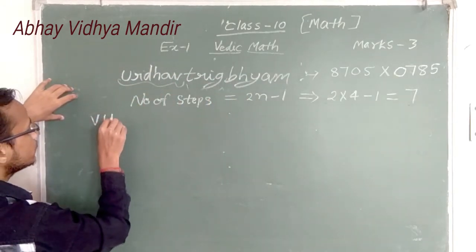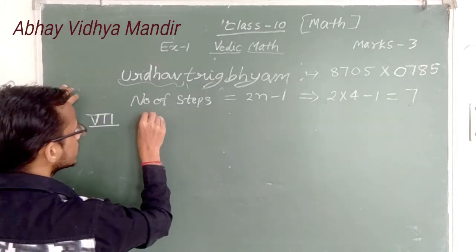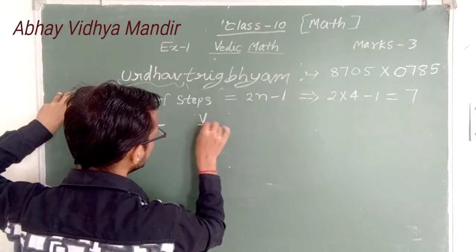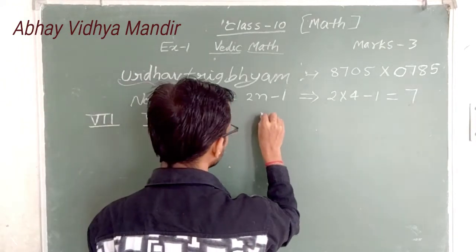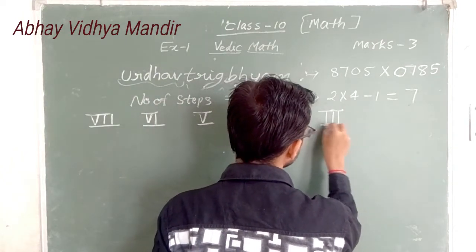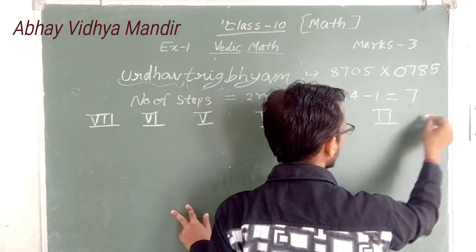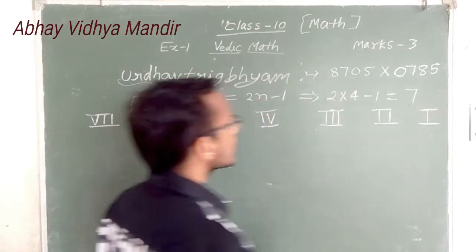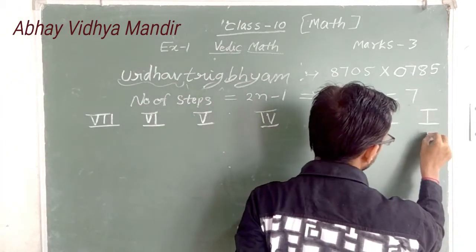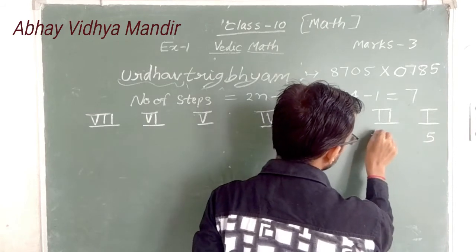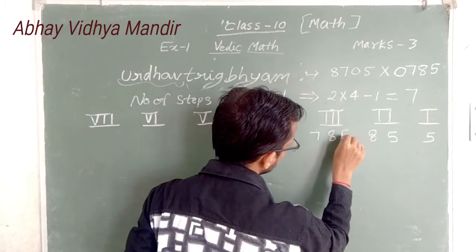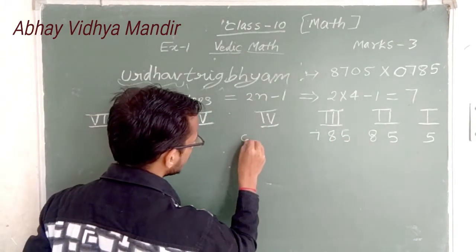First 7, 6, 5, 4, 3, 2, and 1. Now arrange all the numbers. Start from the first: 5, then 8 5, then 7 8 5, then 0 7 8 5.